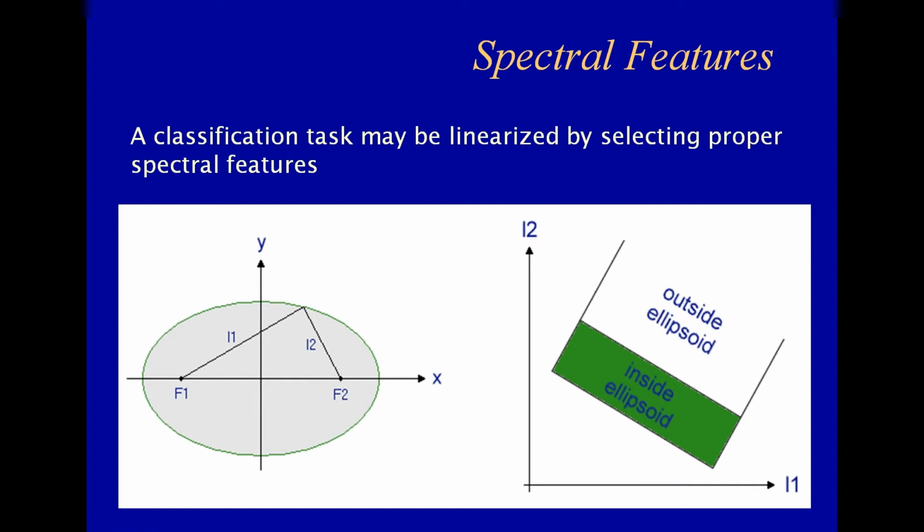If we transform the xy coordinate system, which we used before, into a new coordinate system based on L1, L2, then the elliptic region will be transformed into a rectangular region, and all the data points within the elliptic region will be inside this rectangle, and all the data points outside will be in this open rectangular region, which is open in this direction, and the other part of the new space is just empty.